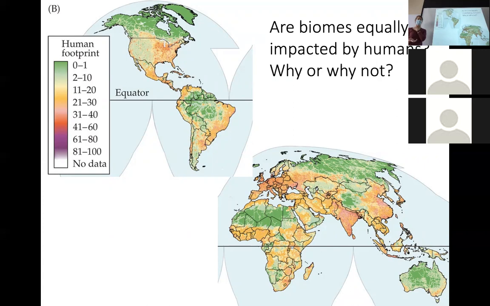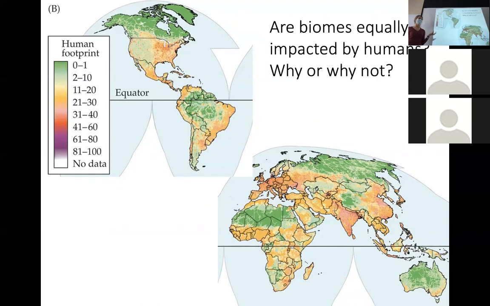Are we impacting tropical rainforest as much as we've impacted temperate deciduous forest? Are we impacting desert as much as we're impacting, again, temperate deciduous forest?